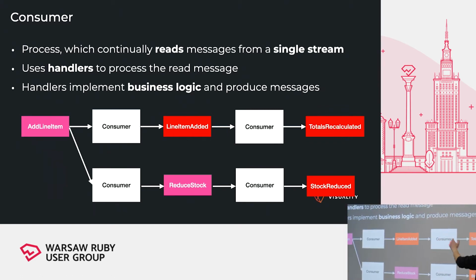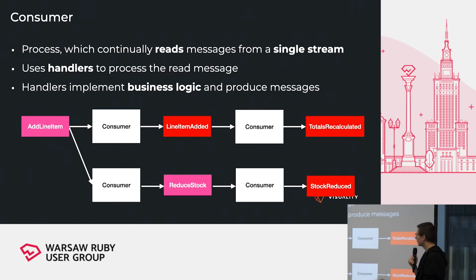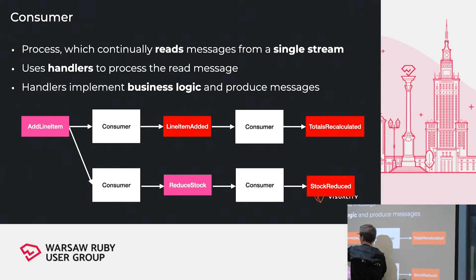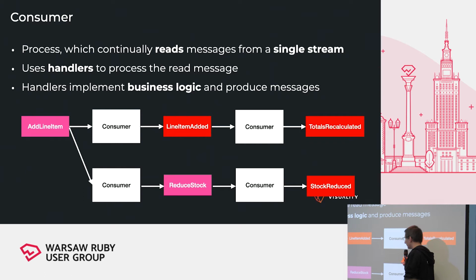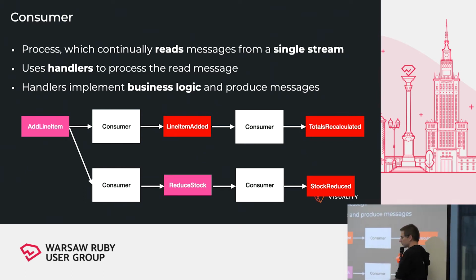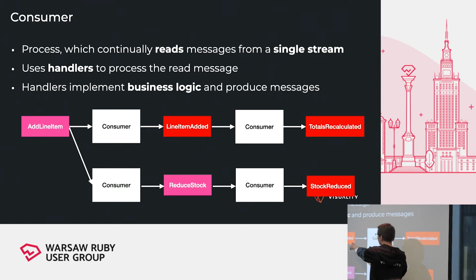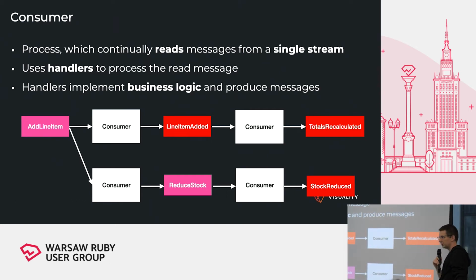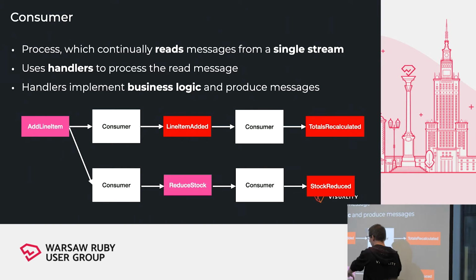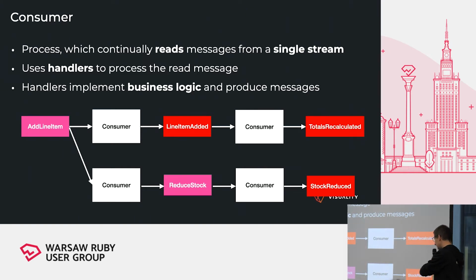So we had our add line item consumed by a consumer, created an event, but there is another consumer who is reading this stream and does things based on events created by another consumer. Another story, add line item goes into a consumer, and this consumer issues another command to yet another consumer, which creates an event.